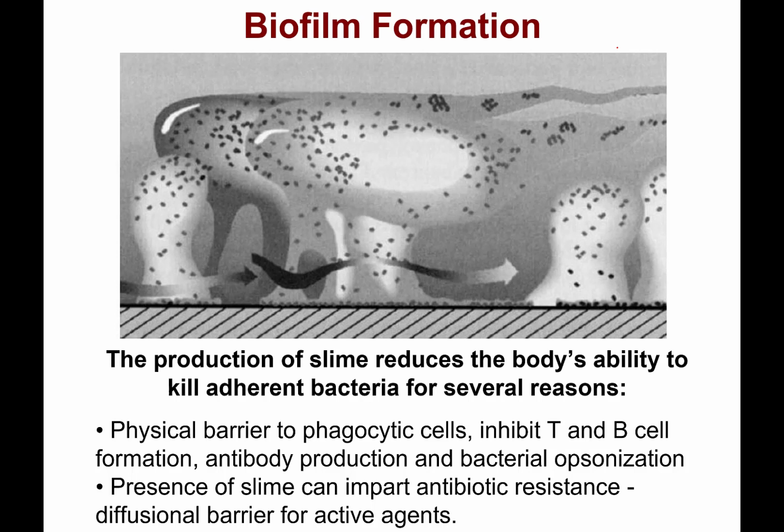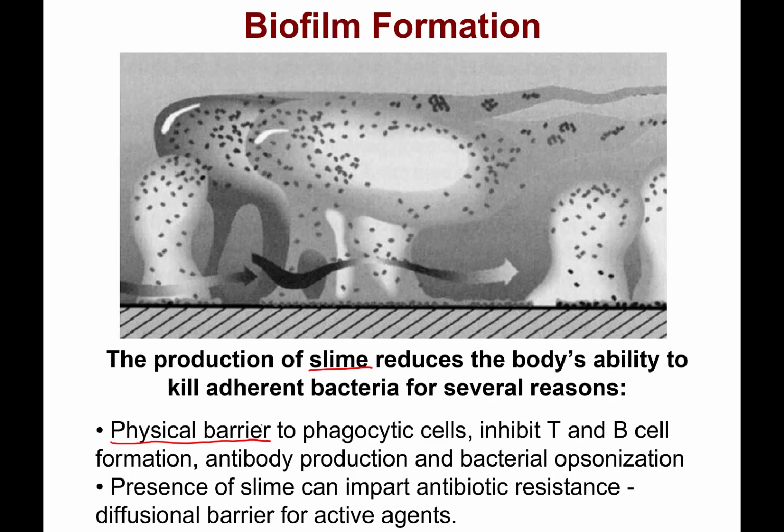Now I want to talk a little bit more about biofilm formation, because this is a really important concept. The biofilm, as I said earlier, is a polysaccharide slime, and what's very important about it is that it reduces the body's ability to kill adherent bacteria for several reasons. One is that it's a physical barrier to phagocytic cells.